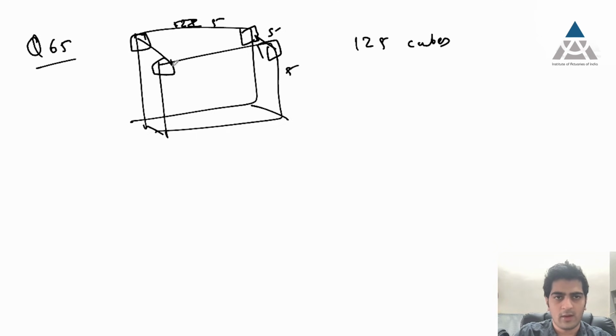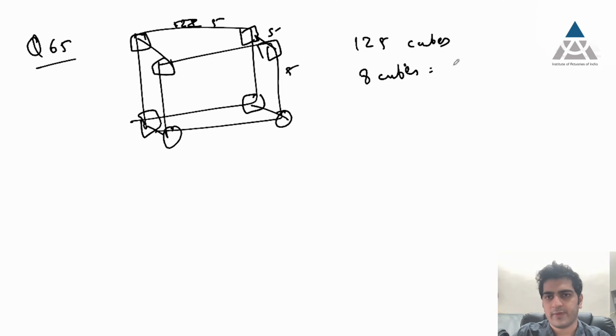So you will have 1, 2, 3, 4, 5, 6, 7 and 8. So 8 cubes will definitely have 3 sides red. Correct? And this will be true, we saw in the earlier question, regardless of the dimensions. No matter what dimensions are there, 8 corner cubes will always have 3 sides as red or pink, whatever the paint was.